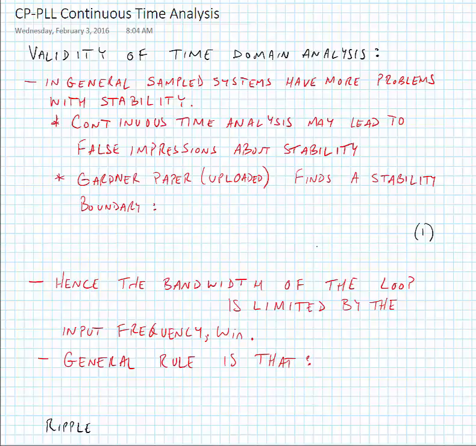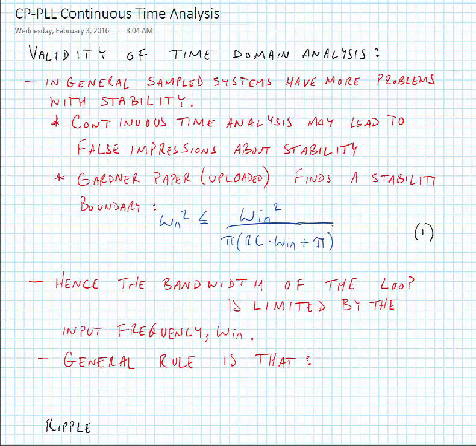Now, the Gardner paper that we've been looking at on charge pumps so far sets a boundary condition for stability, and the boundary condition is that omega n squared is less than or equal to omega N, the reference frequency, squared, divided by pi times the RC of the loop filter times omega N plus pi.